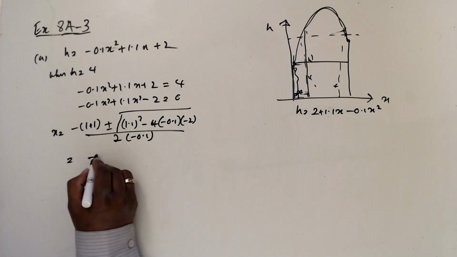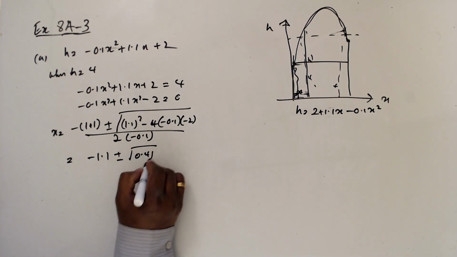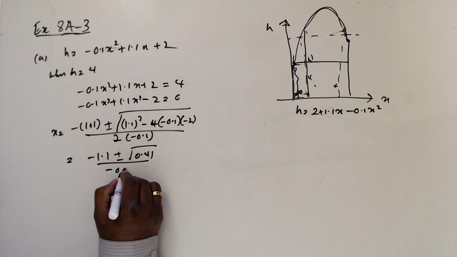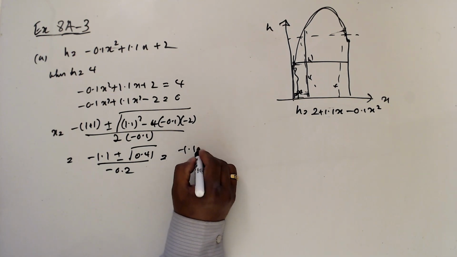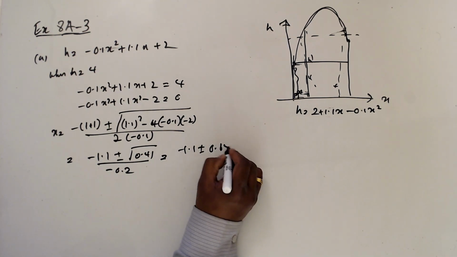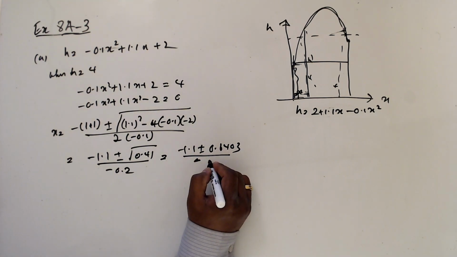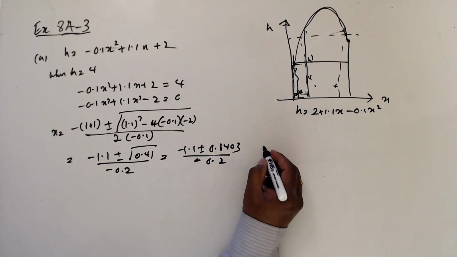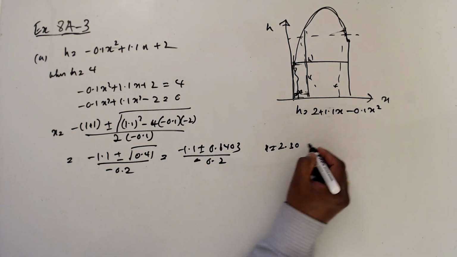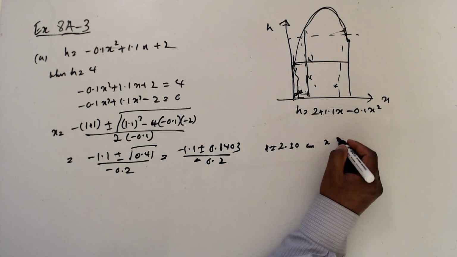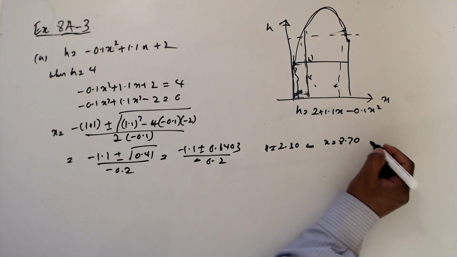So the answer is minus 1.1 plus or minus the square root of 0.01 over minus 0.2. So we have two values, x equals 2.30 or x equals 8.70.